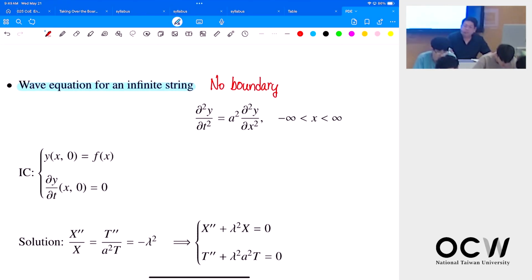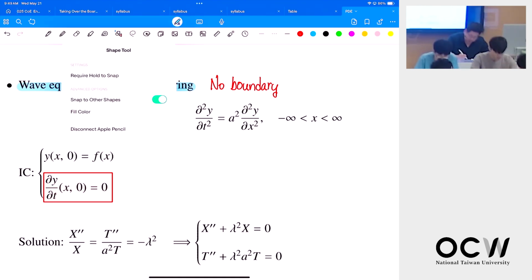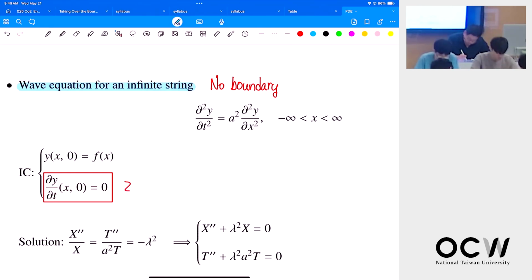So that means no boundary conditions. We only have initial conditions. And here you can see this is the zero initial velocity condition.